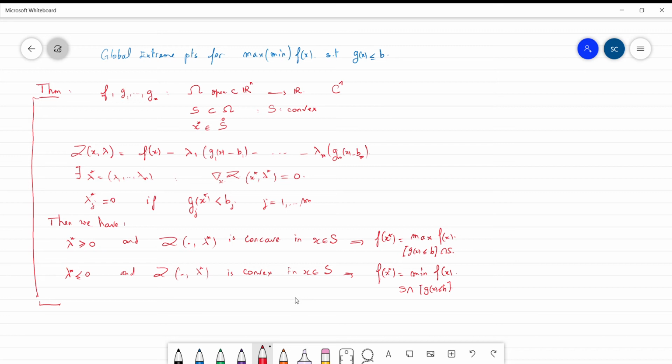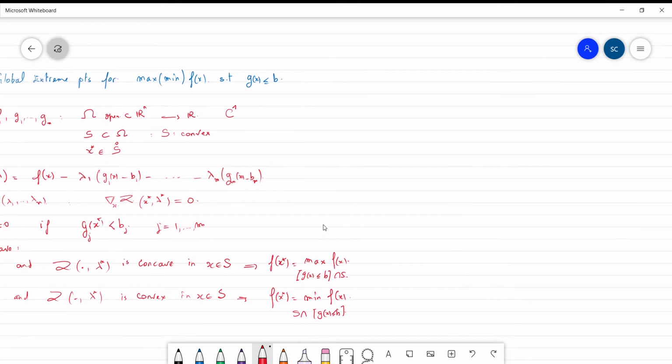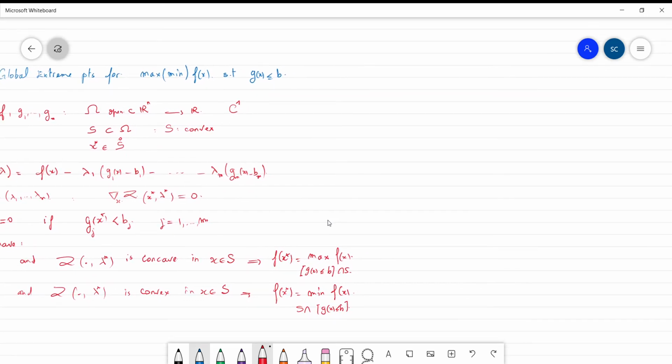That's all. So let's do one example to illustrate the application of this theorem. So we are asked to solve the problem min and max of the function of three variables, which is the distance squared to the origin, subject to g of x, y, z equal to x minus 2z less than or equal to minus 5.